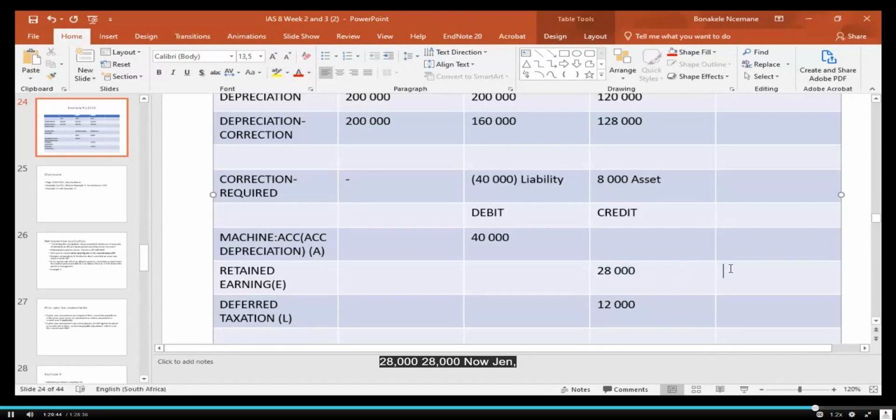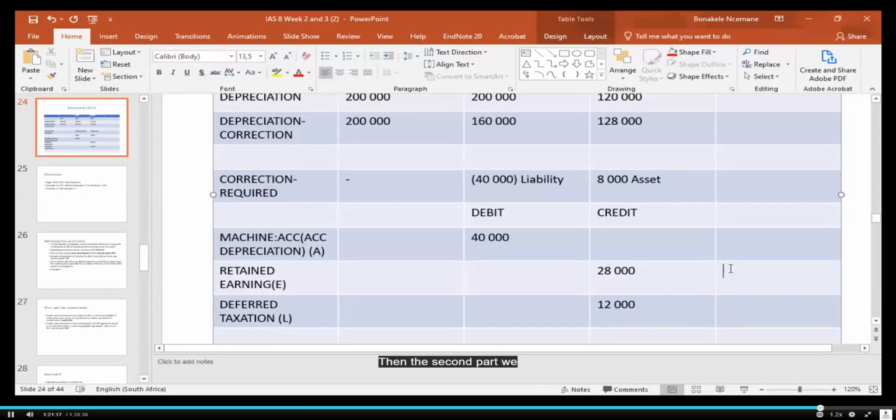28,000. Now, Jens, because you've engaged this question, can you explain to me again? I just want to get an understanding that you properly understand this journal. What did we just do on that journal, and what were the reasons we processed that journal the way we did? We debited the accumulated depreciation because we decreased the assets with 40,000 more, so we had to correct that.